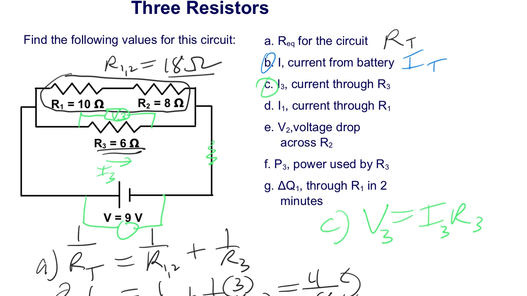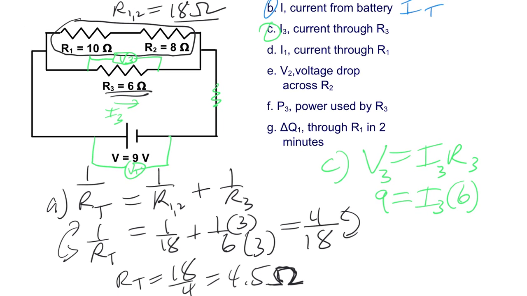So V3 is equal to VT, again because it's in parallel. I3 I'm looking for, R3 is 6, so I3 equals 9/6 is 3/2 is 1.5 amps.